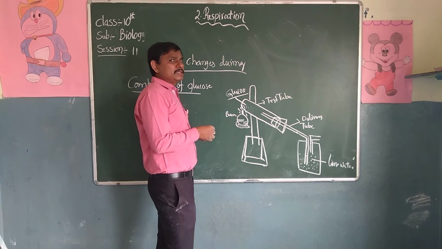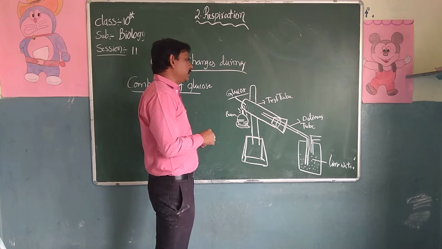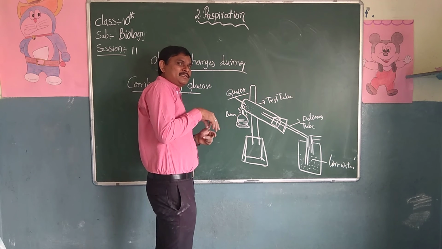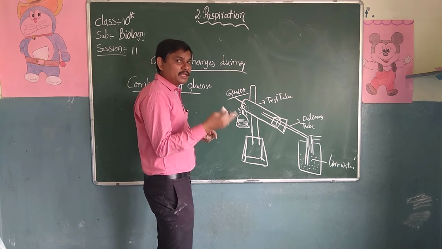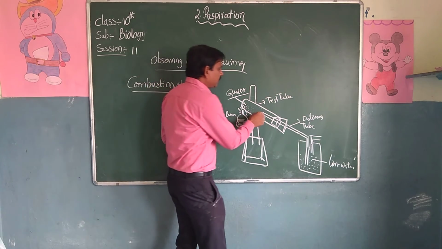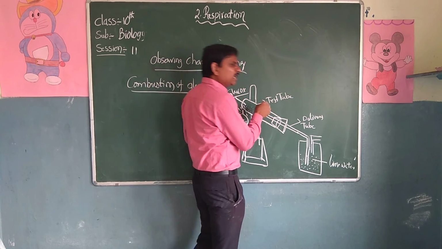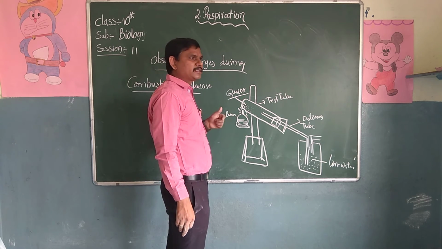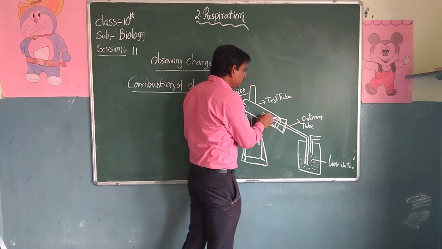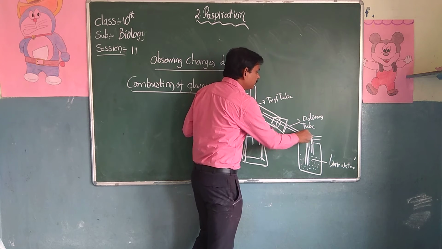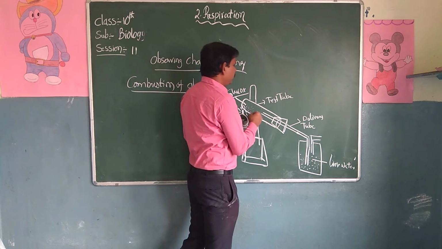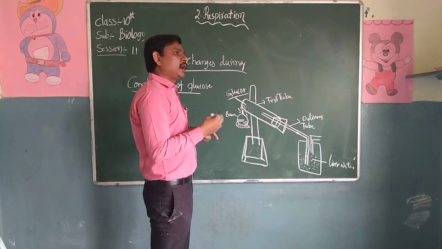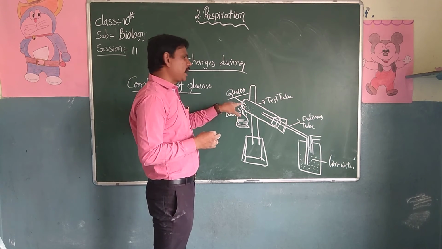So when glucose is burned, it utilizes oxygen and releases some energy. It releases energy and it releases gases. When the glucose breaks down or burns, it releases energy, and it also releases some gases.